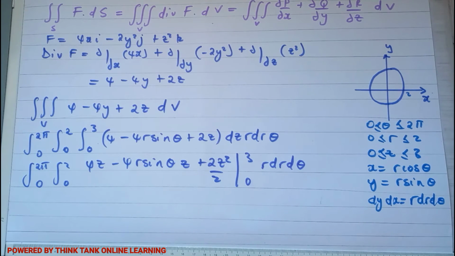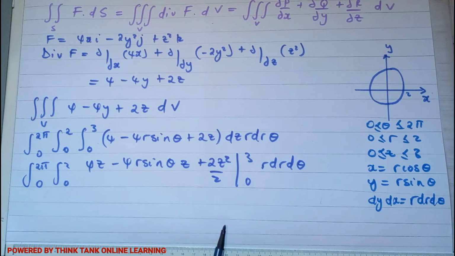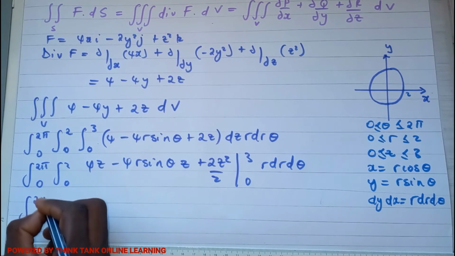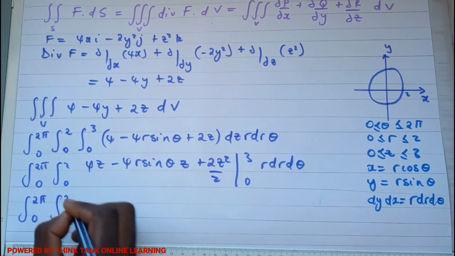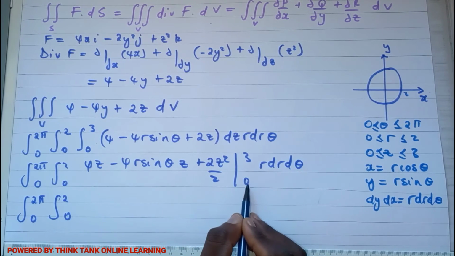Now I replace z with 3, then subtract the same expression with z replaced by 0. If you put 0 there, everything goes to 0.